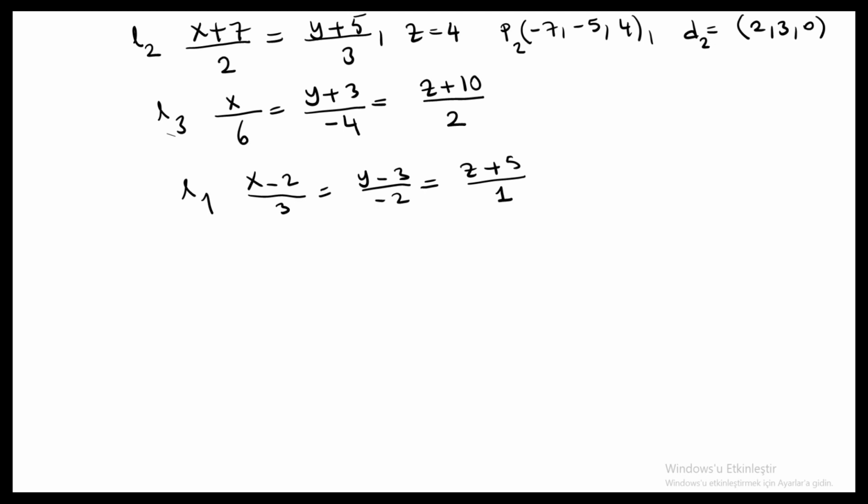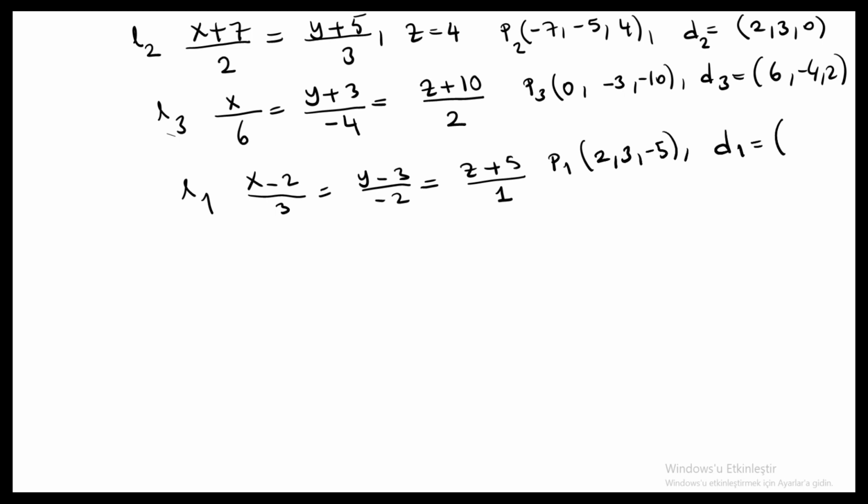And the other one, P3, the point is 0, negative 3, negative 10, and D3 is 6, negative 4, 2. So P1 is 2, 3, negative 5, and D1 is 3, negative 2, 1.